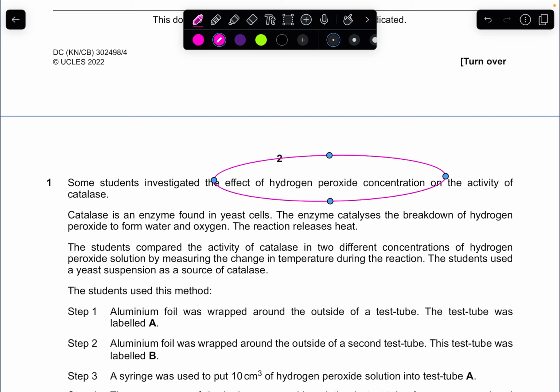And catalase is the enzyme that is found in the yeast cell, and it is used to break down the hydrogen peroxide to form water and oxygen. So actually the reaction is hydrogen peroxide, and we have the catalase enzyme.